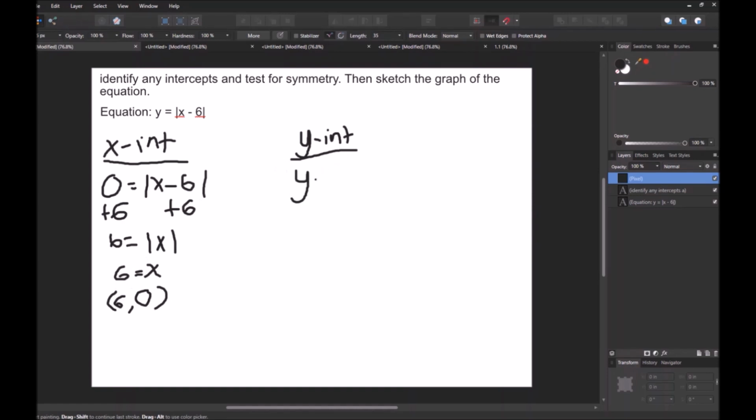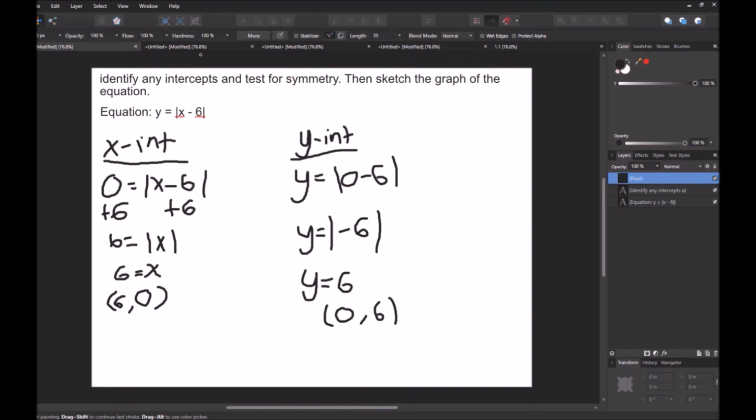So we have y equals the absolute value of 0 minus 6. 0 minus 6 is negative 6. So we have y equals the absolute value of negative 6. And recall that when you're doing an absolute value, if the number is negative, it just becomes the positive version of that number. So we get y equals 6. Meaning that our ordered pair is going to be 0, 6.